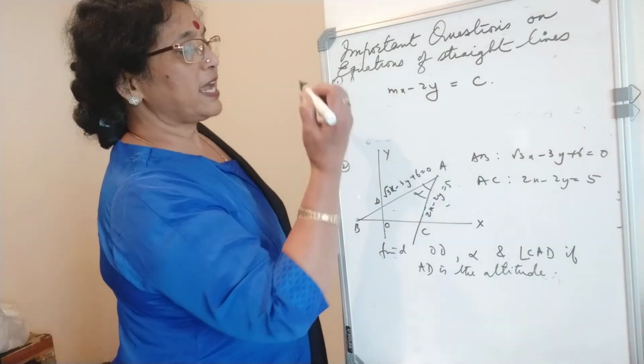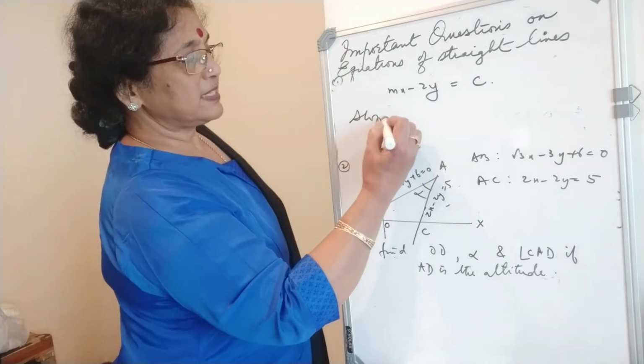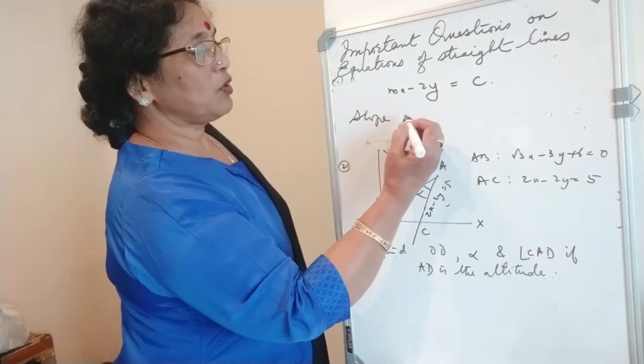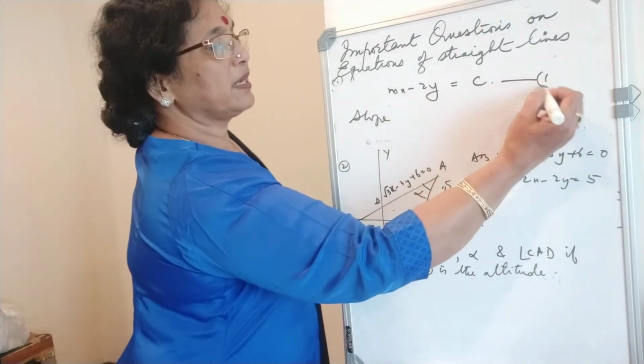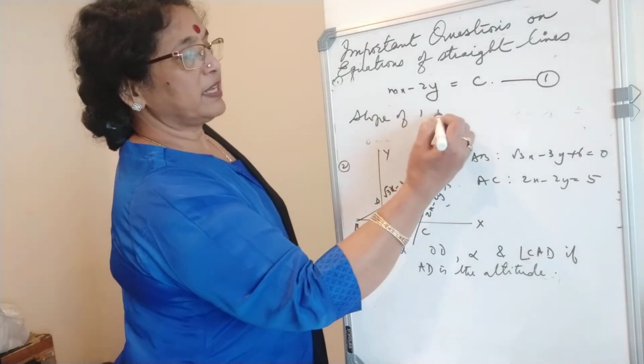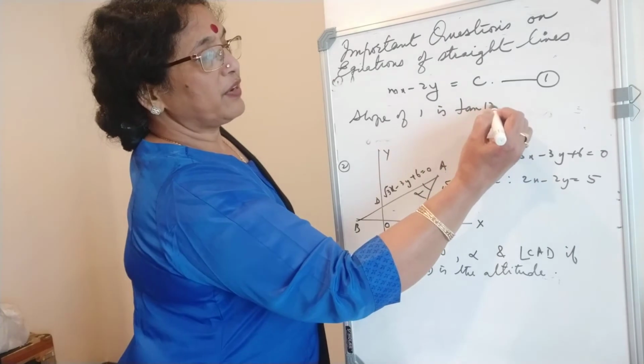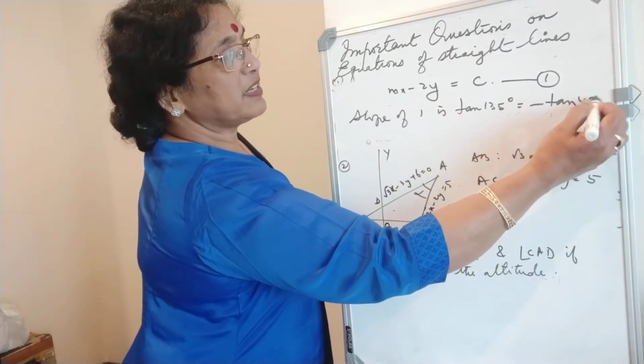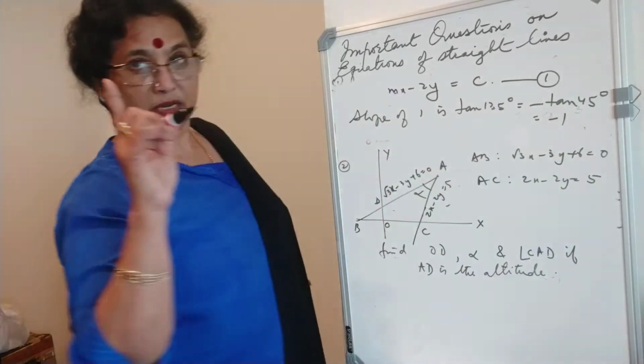So this line's slope is not this m. Don't write this m now. Slope of this line, number 1: slope is tan of 135 degrees, which is minus tan 45 degrees, which is minus 1.